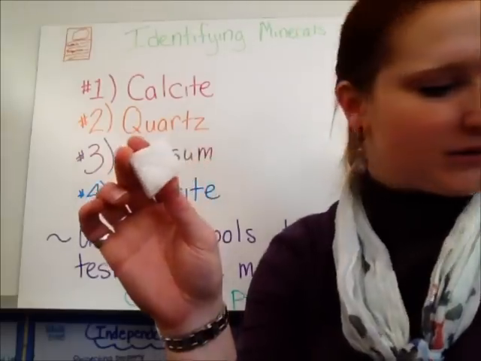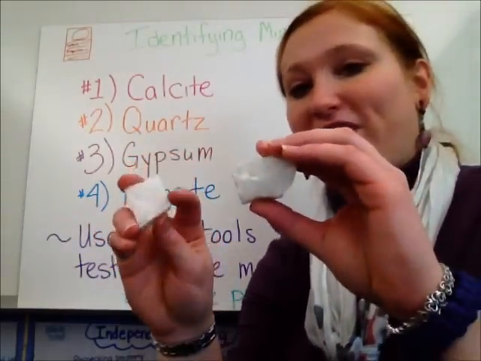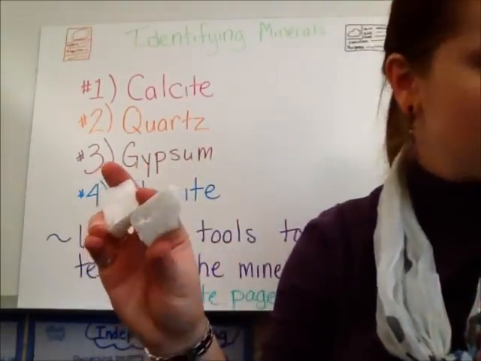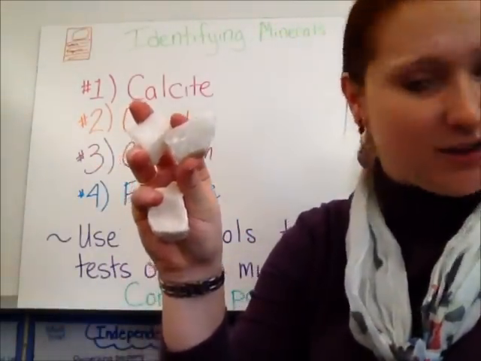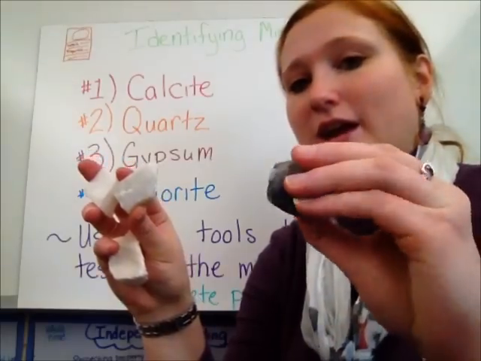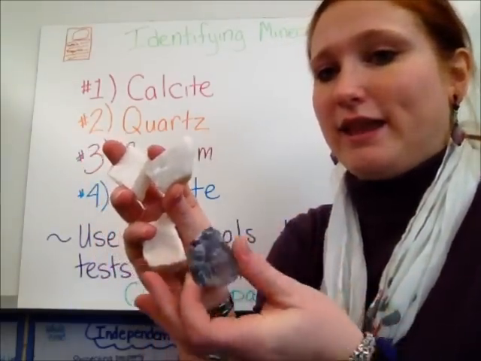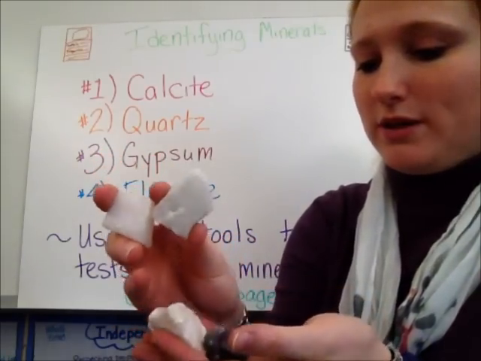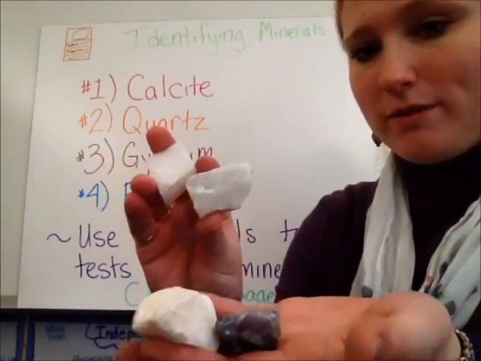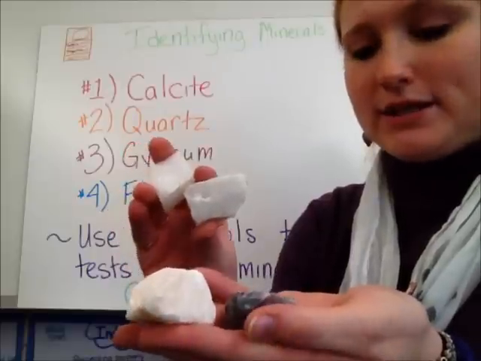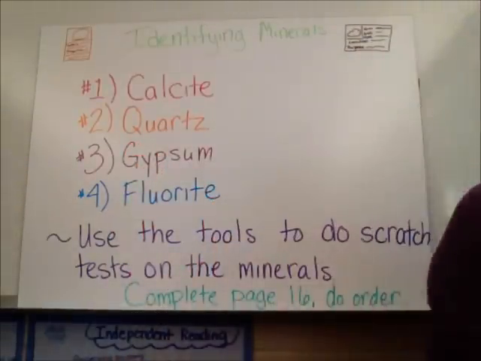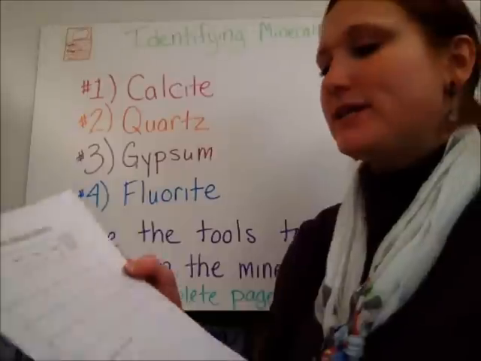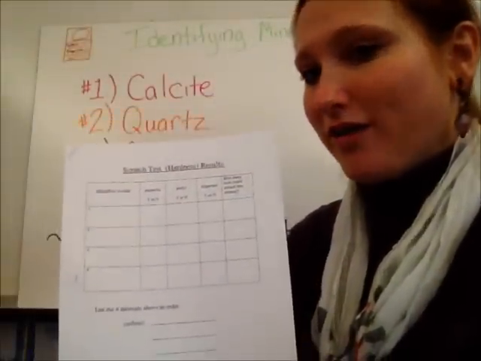So this mineral, this one, and friends, these 3 are 3 different minerals. And this is the last mineral. So you will be looking at these 4 minerals for their properties and describing them on pages 13 and 14. But in our lab packet on page 16, you're determining how hard they are.